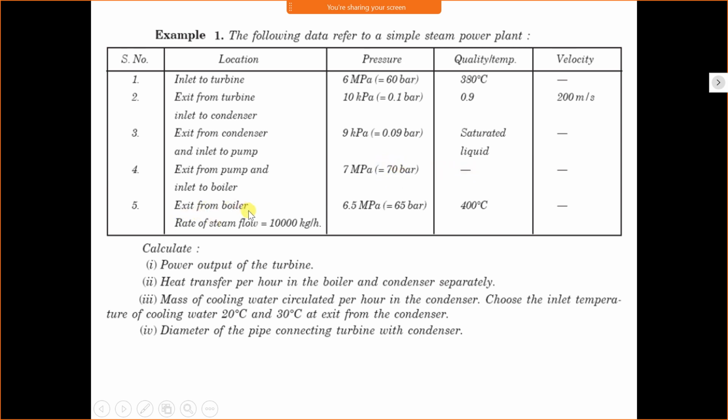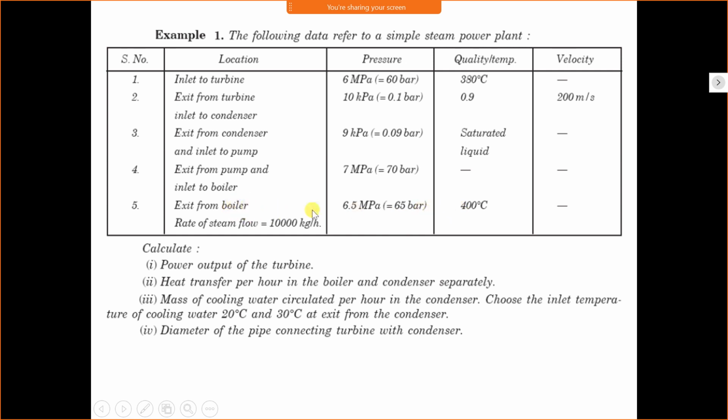Then exit from the boiler. Exit from the boiler is at 65 bar and 400 degrees Celsius. Exit from the boiler is given to the turbine. Therefore, exit from the boiler and inlet to the turbine should be the same. But here, while flowing from boiler to turbine, there is a loss.